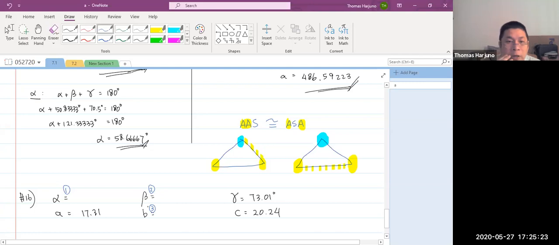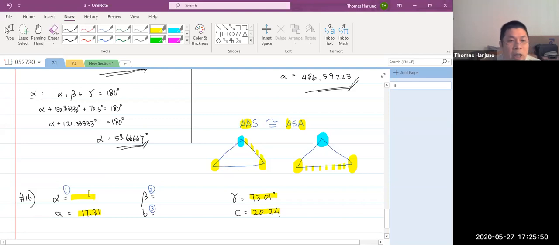Now, one observation here is notice that side C is greater than side A, longer than side A. So angle gamma, which is 73 degrees, must be greater than angle alpha.